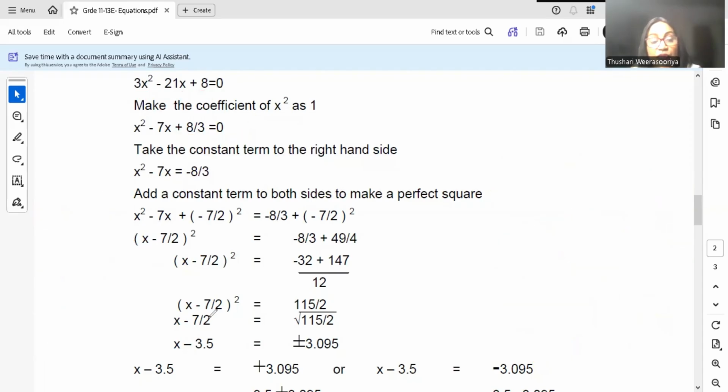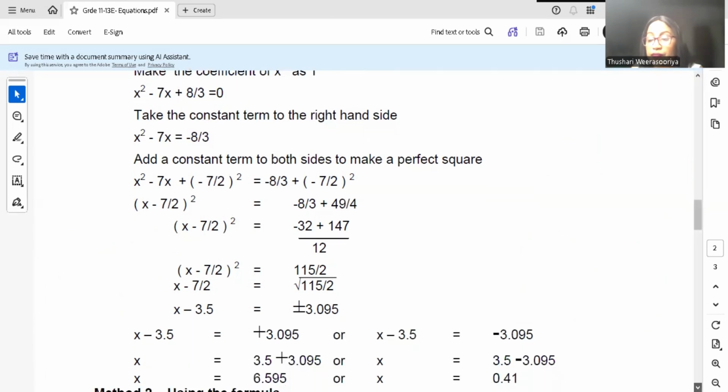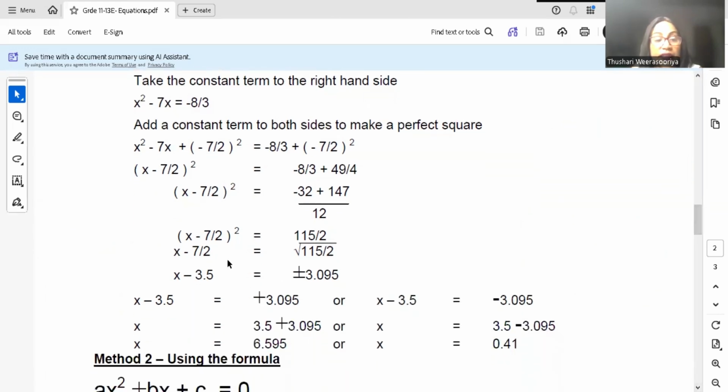Now you get this point. See, if it is factorizable, it's very easy. When it is not factorizable, you have to do all the work. Right? Okay. X minus 3.5 equals plus or minus this one.